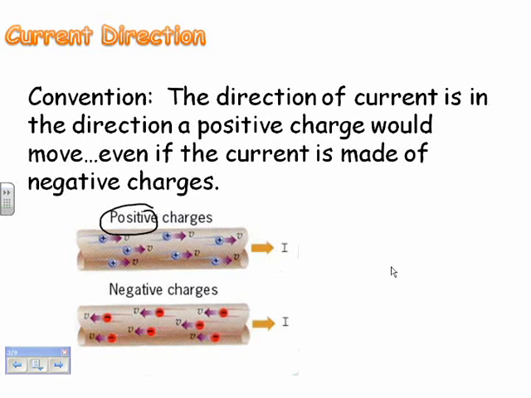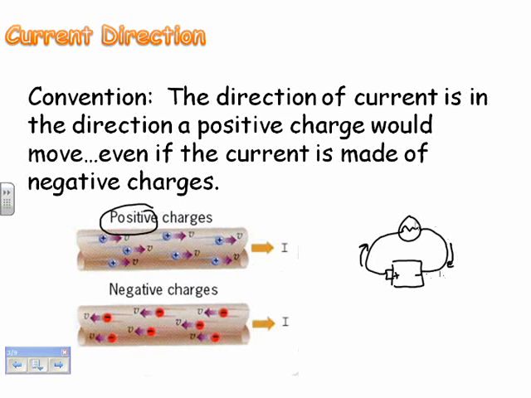So if we have a circuit that has a battery in it and a light bulb, and this is the positive end and this is the negative end, the direction of current that we would draw in here would be coming out of the positive and going into the negative, kind of similar to the electric field, right? But we know that the actual charge is coming from the negative side.